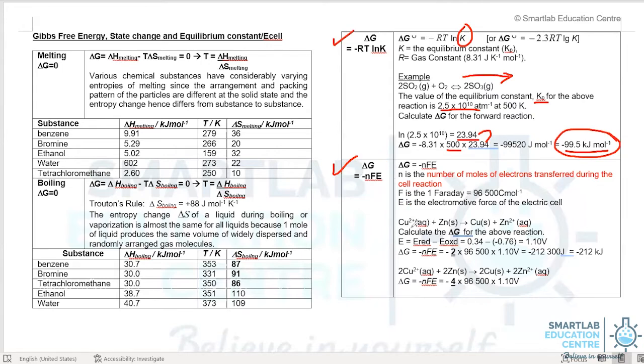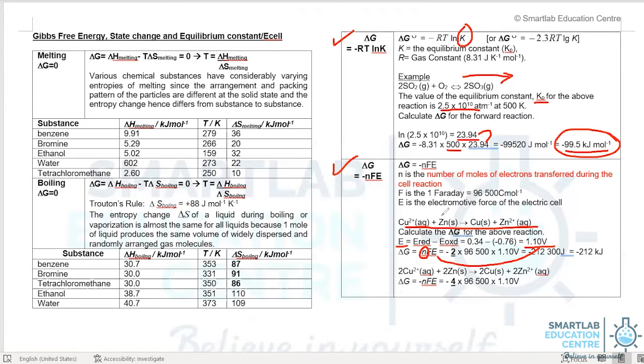Let us take a look at an example. So in this example that we have, we're looking at Cu2+ reacting with zinc. And the first step that we do is to calculate the E cell value, or the cell potential value, which happens to be 1.1 volt. So in this case, the 1.1 volt could be substituted inside the E. But what is critical to talk about is the small letter n. n represents the number of moles of electrons that has been transferred during this redox reaction.